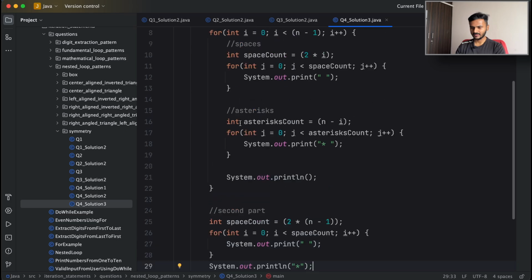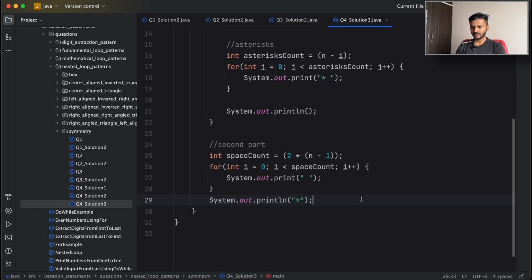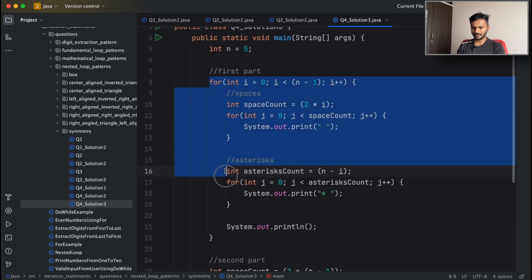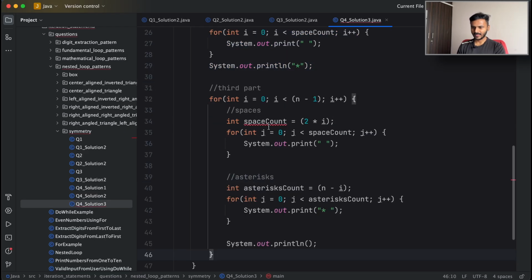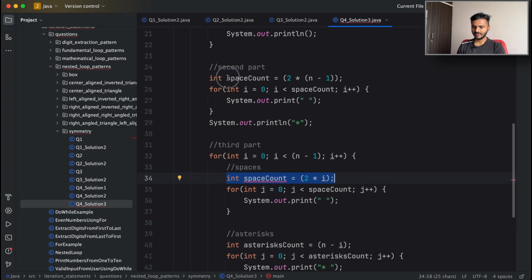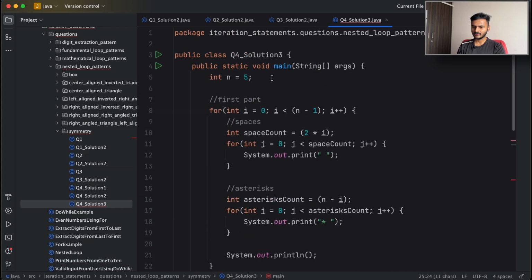So we're done with the second part also. Now on to the third part, and it is very simple to handle. What we are going to do is grab the for loop of the first part, paste it here, and it is giving an error. This error is because we have declared a variable called spaceCount here, which is in the main method.